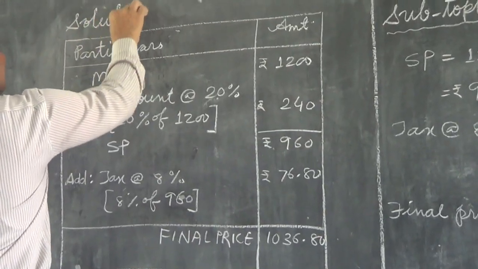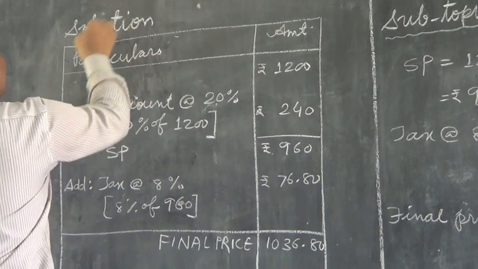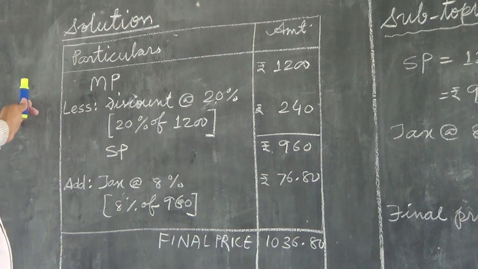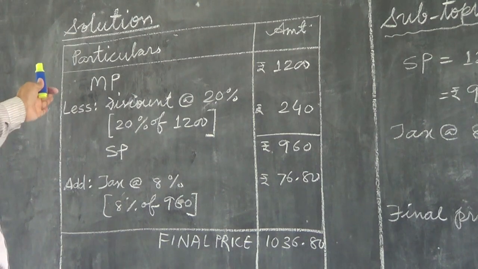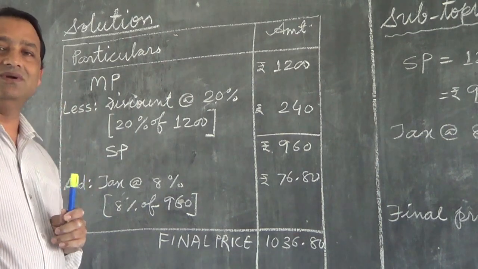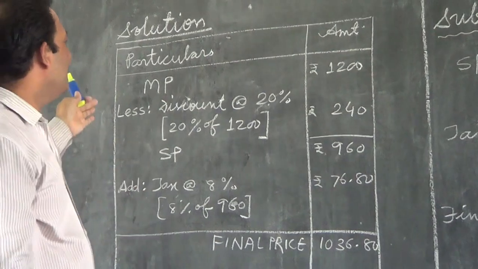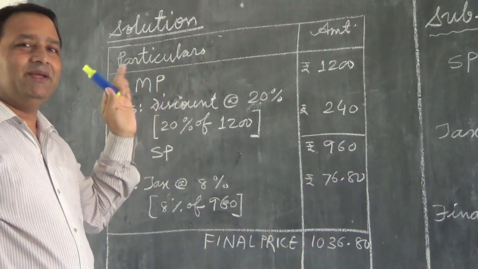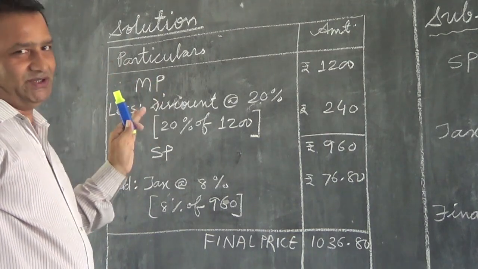This is the best way to represent a solution. Remember, when you are working on commercial mathematics, the best way to represent a solution is to represent it in the tabular format if the question permits you.